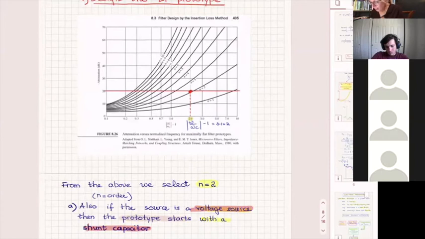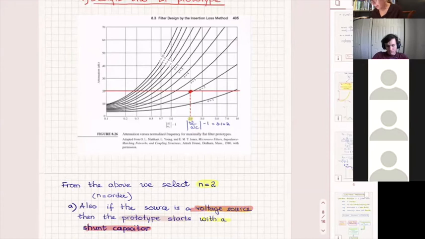So I go here and say, okay, I want to have a cutoff. Let me see what time it is. Okay, a couple more minutes and we'll continue next time. I would like to have a 20 dB rejection at 3 times my cutoff frequency, omega sub c. So I have to go at the frequency omega, which is 3 times omega sub c. So practically that is going to give me equal to 2, because here you see the horizontal axis shows the magnitude of omega over omega sub c minus 1.